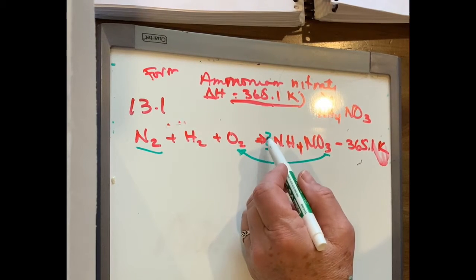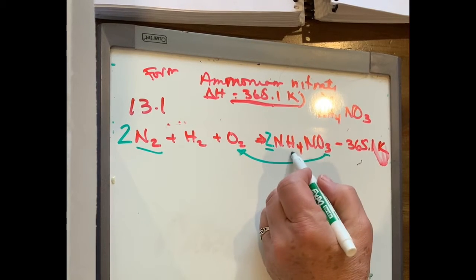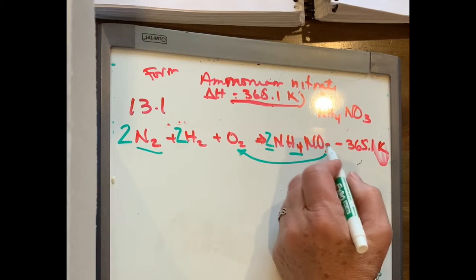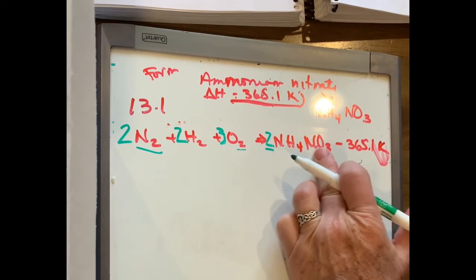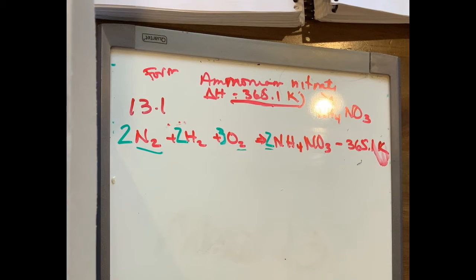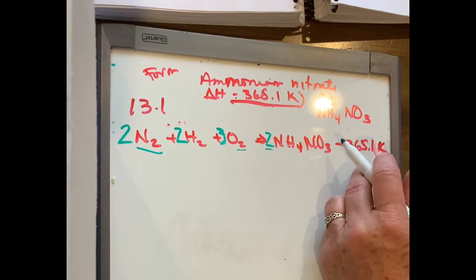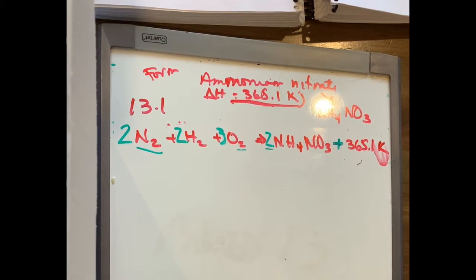And 2 N's times 2, so there's my 2 N2, H4, that's pretty direct, and 2 O3s. If I put 3 here, that will give me my 2 N2, 2 H2, 3 O2 will make 2 NH4NO3 minus 365, or I'm sorry, it should be a plus, 365.1 kilojoules.